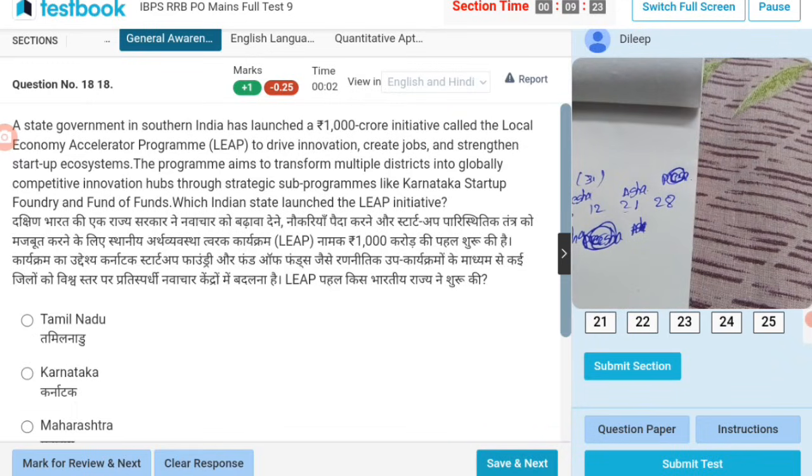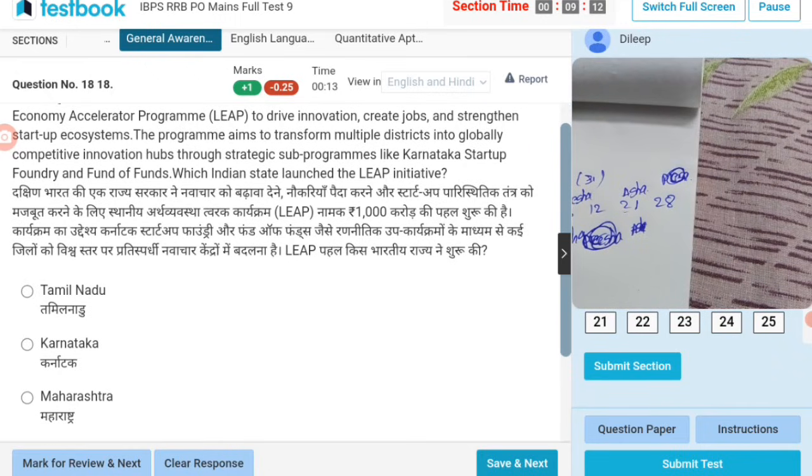State government Southern India. Leap. Karnataka or Tamil Nadu.